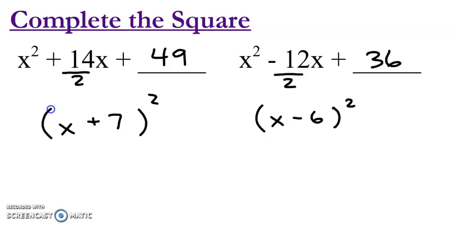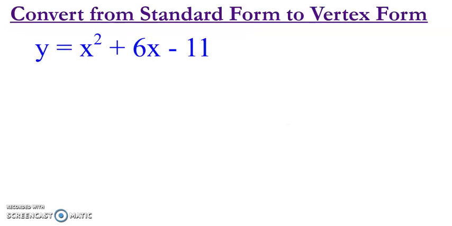Okay, so now let's put this all together with a full equation here. So let's say we're given standard form here, and we need to convert it to vertex form. So looking at just my first two terms here, like we did with the last two examples, if I had x squared plus 6x, well, 6 divided by 2 is a positive 3. Okay, so that would give me x plus 3 squared.